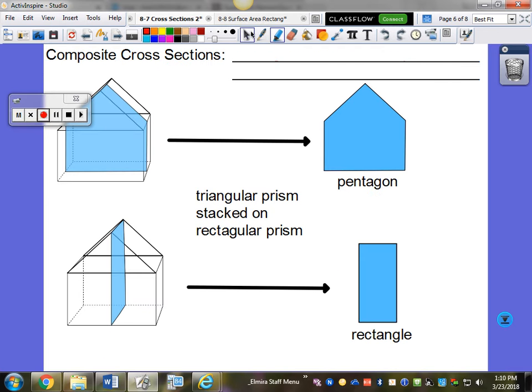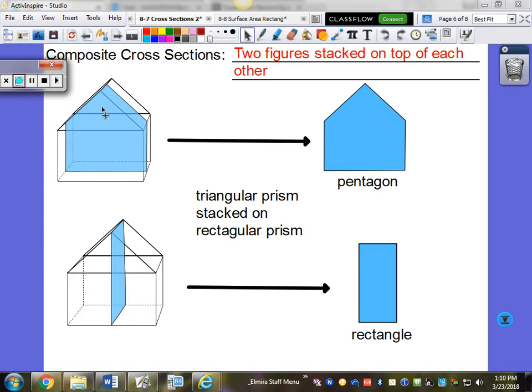Then there's composite cross sections. This is actually what was asked on the state test. There are two figures on top of each other. So for example, if you had a triangular prism on top of a rectangular prism, and then you slice it. If I did a vertical slice side to side, let me write vertical here, it makes this shape.